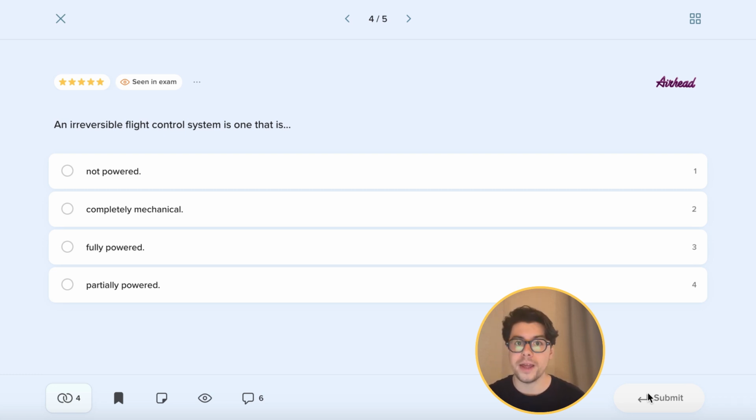So the reversible one, if you move the control surface like an aileron, then the stick in the cockpit or yoke will start moving accordingly. And for example, an Airbus will be an irreversible system, so fly-by-wire aircraft will be irreversible for the most part because they are basically fully powered. Reversible systems will be completely mechanical, meaning there will be only links with rods, push rods, and metal ropes, such as on most of the GA aircraft.